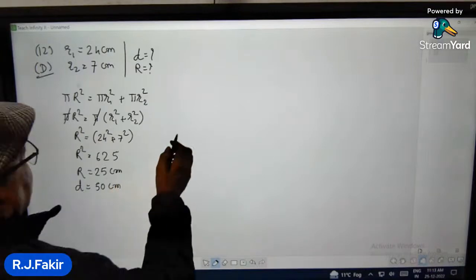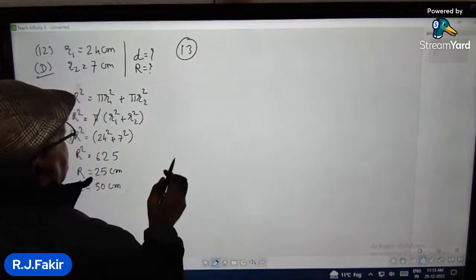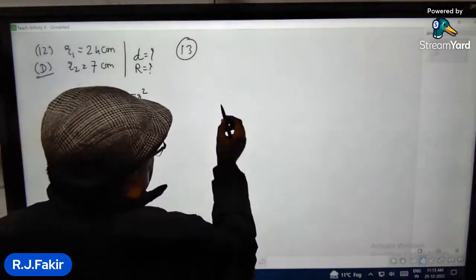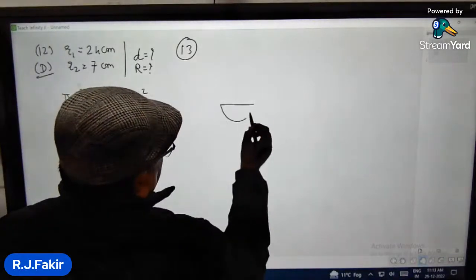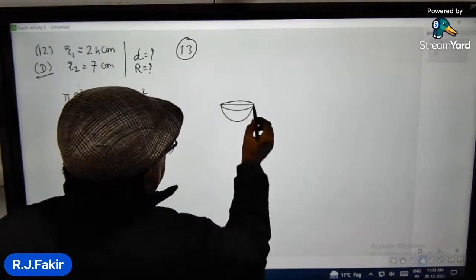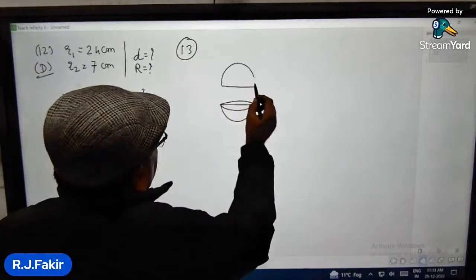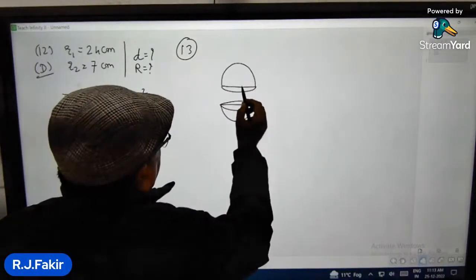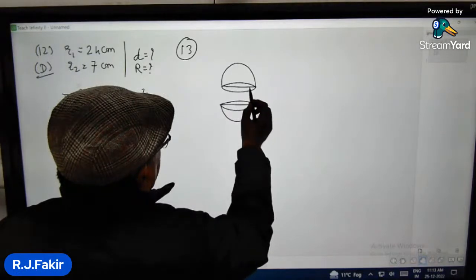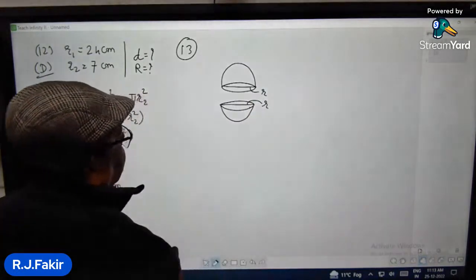Just understand, if there are two hemispheres having the same radius, this also has radius r, this also has radius r.